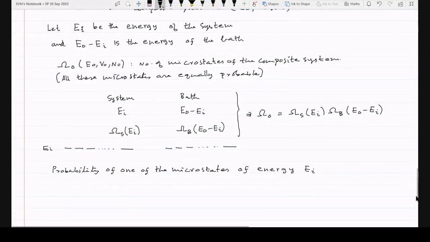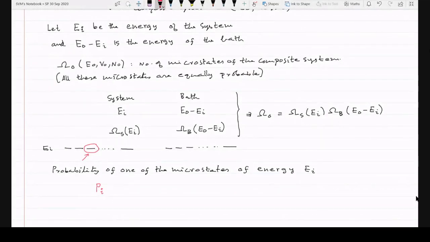Let us say I am fixing this particular microstate and I want to find out its probability. That means in this there is only one, but the bath can be in any one of these states. So the total number of microstates now is 1 into this much number. So this tells you the probability of this ith microstate with the energy EI.